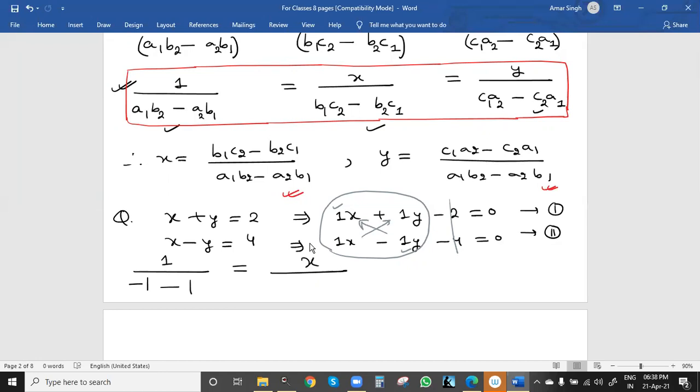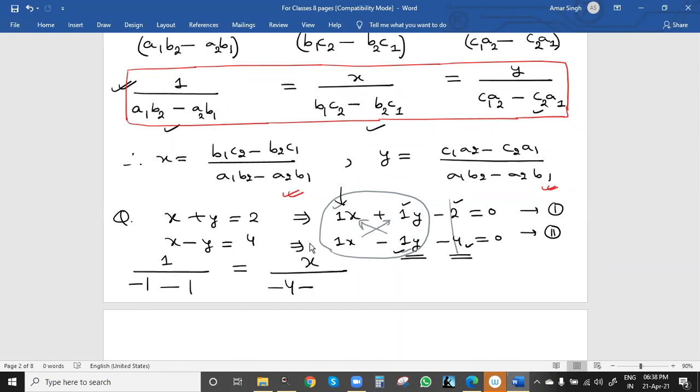So for the x value we'll ignore this column and focus on these two columns, always from the right hand side. So the x value is b1 c2. This is b1, this is c2, so 1 into minus 4 is minus 4. Then minus b2 c1: b2 is minus 1, and c1 is minus 2.